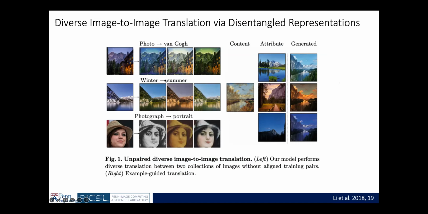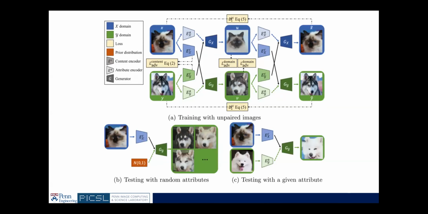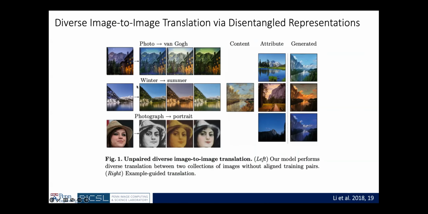Cool. So the way that images are made, you can decompose them into two different things: the content of the image and the appearance of the image, right? Over here, let's say you have this mountain range and the lake. The content is the shape, the geometry, and the structures in the image. That's your content.